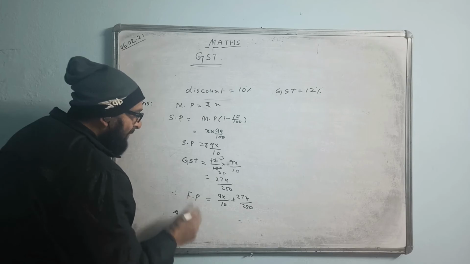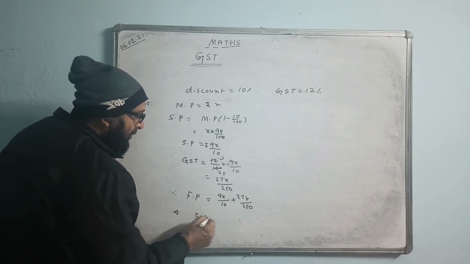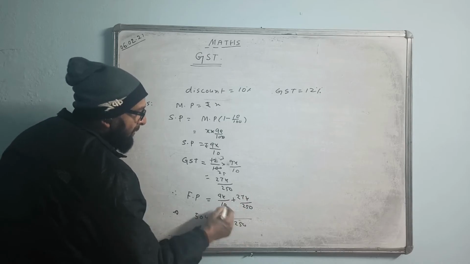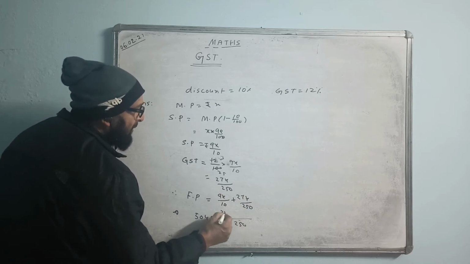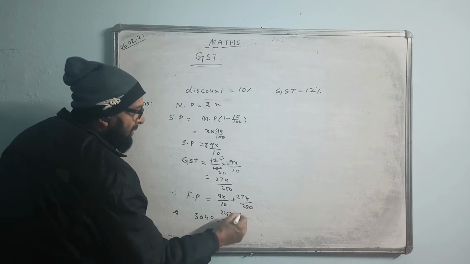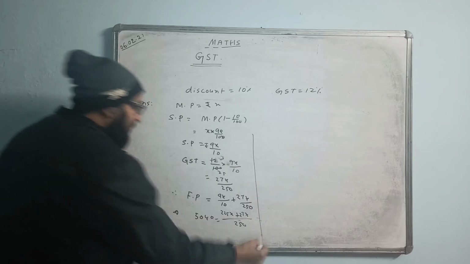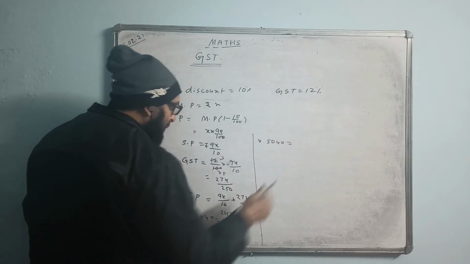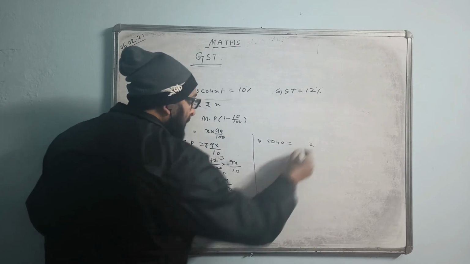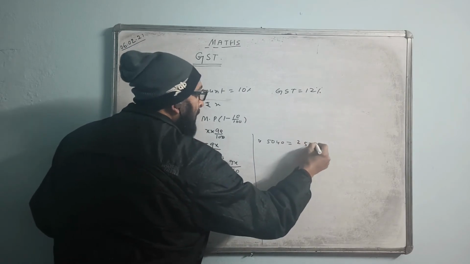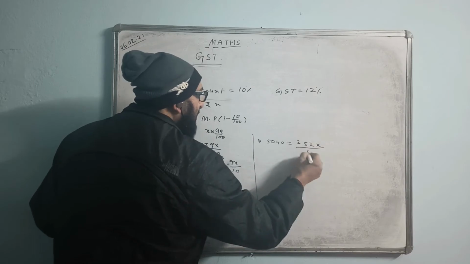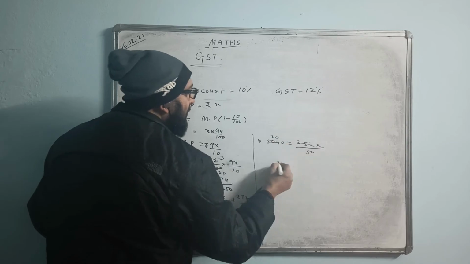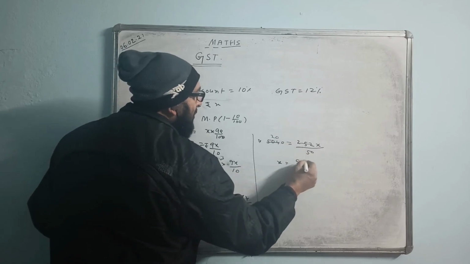And as per the question, the final price the person pays is 5040. Here I take the LCM and find the value of x. LCM is 250. This will go 25 times, 25 times 9 is 225x. This is 27x. Now carry on with this. You get 5040. Adding the two, 252x by 250 equals 5040. 252, 20 times exactly cancelling. 20 to 50, answer is 5000.